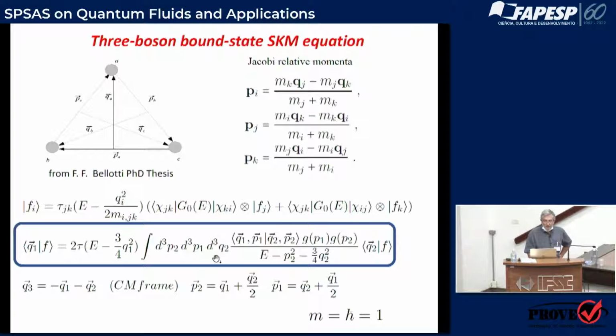And we have to take into account that we are in the center of mass frame as well. Otherwise, we have to factorize the center of mass, but we can work already in the center of mass frame. And when you take into account those transformations between momenta, the relative momentum of two particles and the third particle, taking into account the condition of the center of mass, you arrive at these two identities.